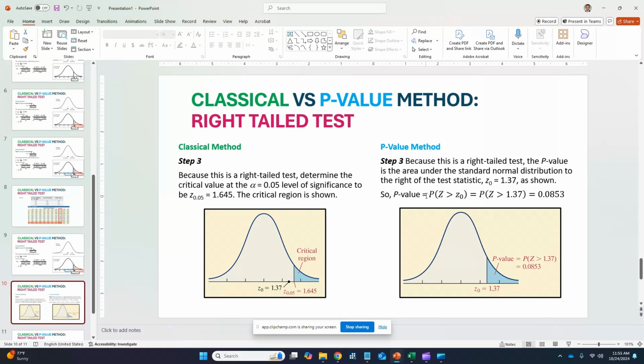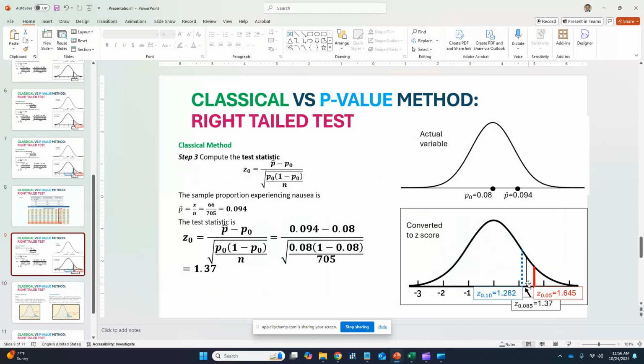So the p-value, the probability of z bigger than z naught, which we calculated, is the probability of z bigger than 1.37, which is 0.0853. So this is the p-value. On the other hand, the area to the right of this black line is the p-value.